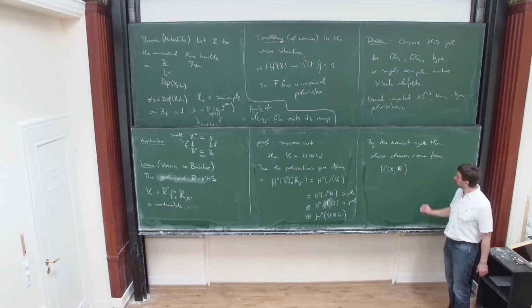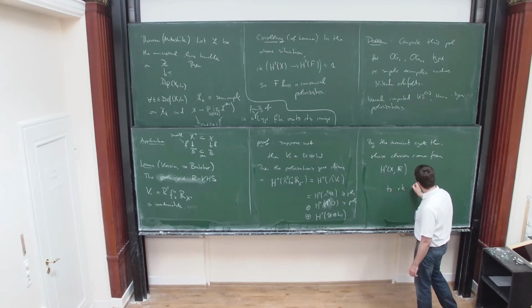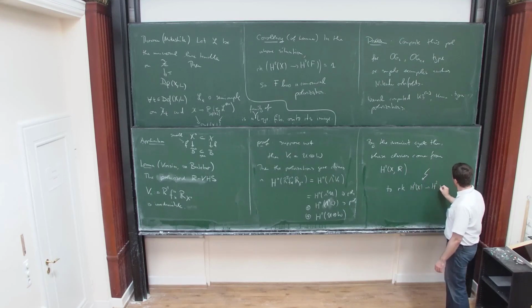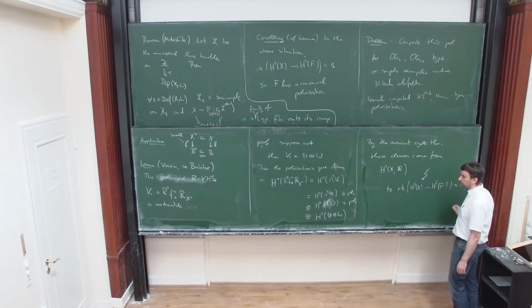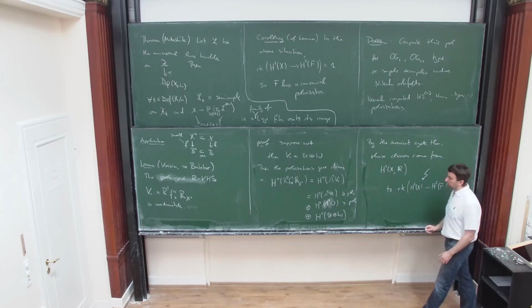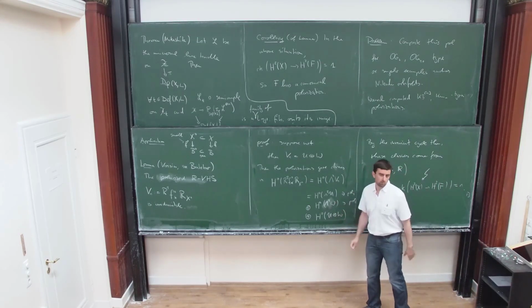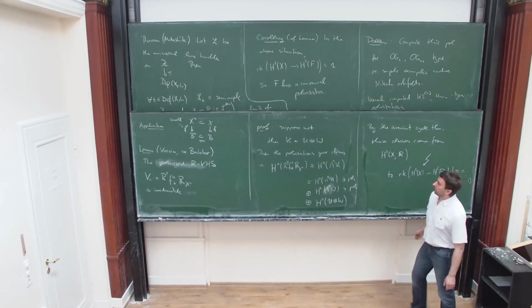That's a contradiction to the rank of the restriction H^2(X) to H^2(F) being equal to 1. You definitely have two classes coming from the polarizations, but there can only be one class. Okay.